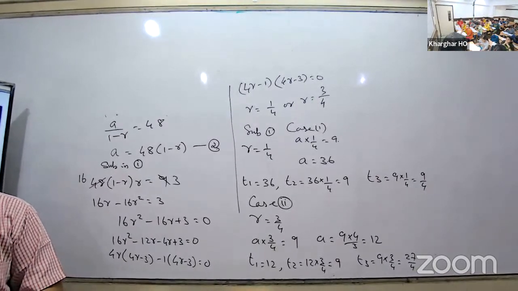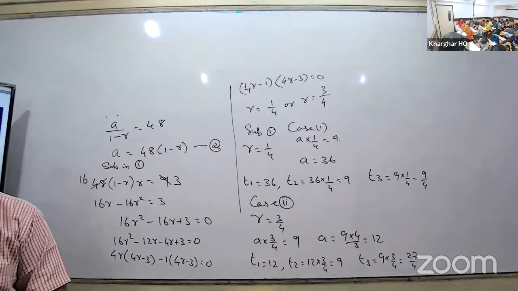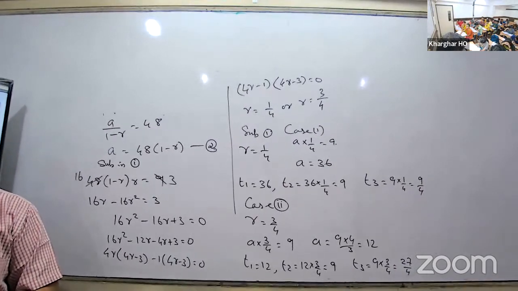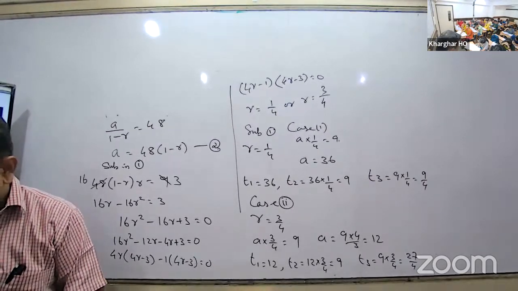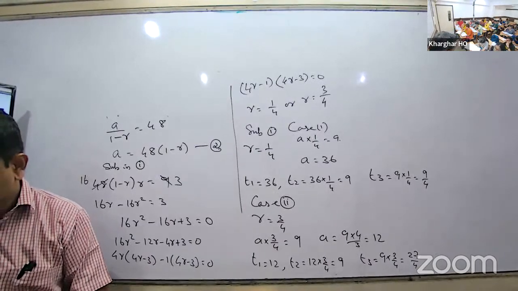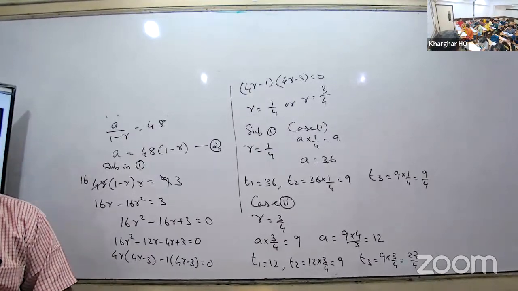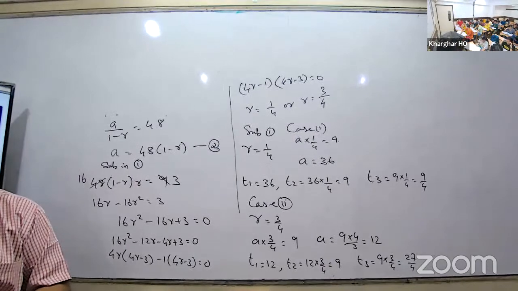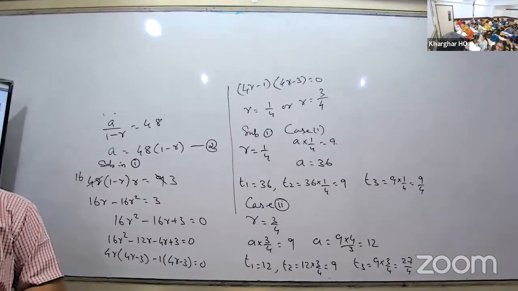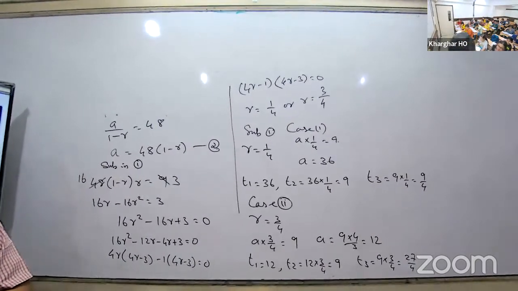Find the common ratio of an infinite GP whose each term is 10 times the sum of its succeeding terms. So, what is the meaning?